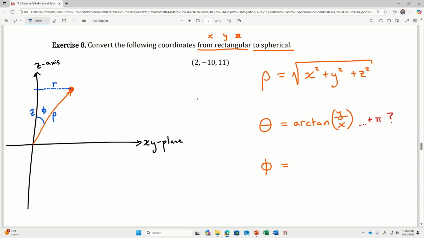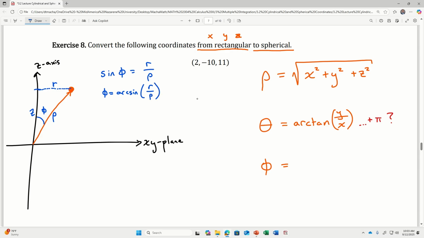I could say that sine of phi is r over rho.